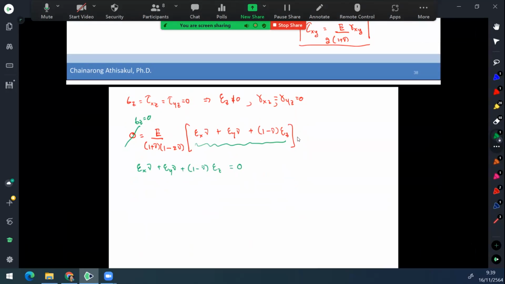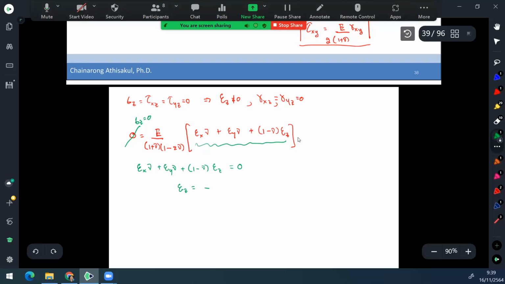So according to this equation, we can find that epsilon c, the out-of-plane strain, actually depends on the axial strains epsilon x and epsilon y. It is equal to minus nu over 1 minus nu, times epsilon x plus epsilon y.